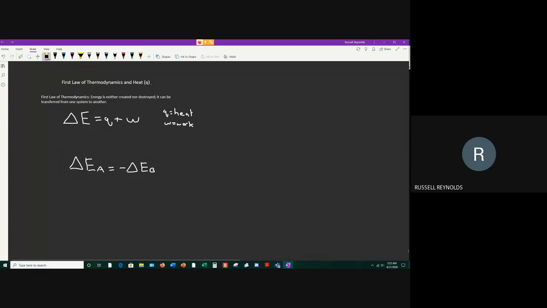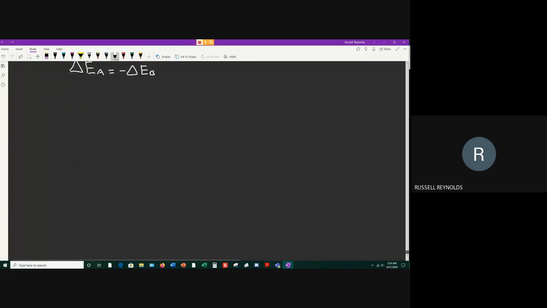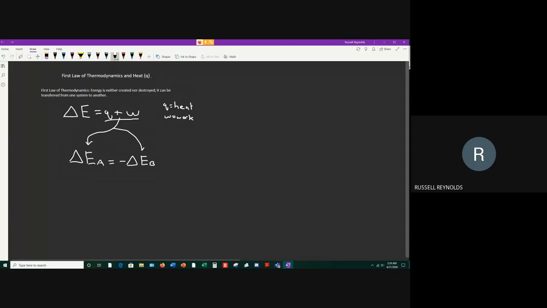Now, if we want to talk about the exchange of thermal energy between two systems, we can represent thermal energy in terms of Q, because heat is nothing more than the transfer of thermal energy between two systems. So we can rewrite the equation that we just wrote by plugging in this into E. And so our new equation will look something like this.